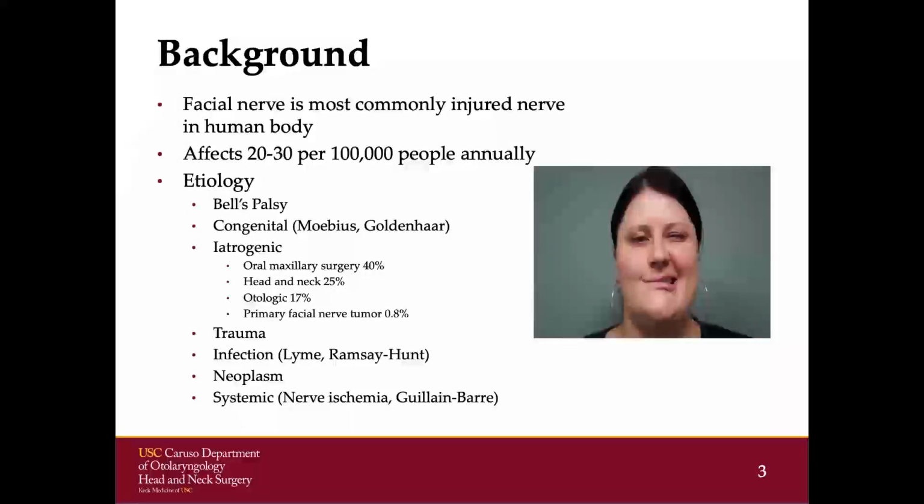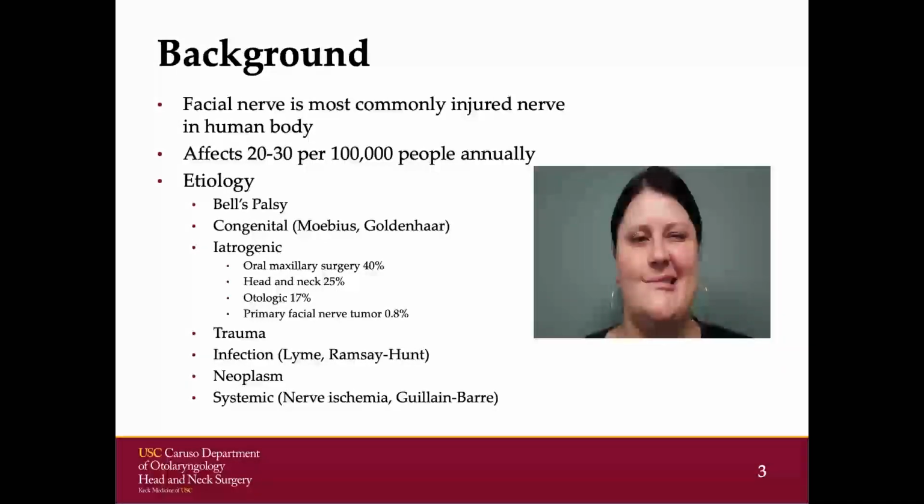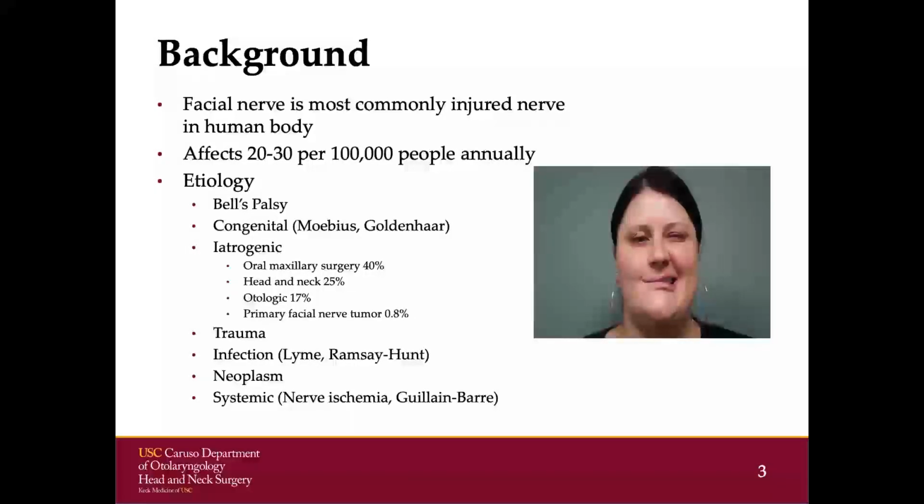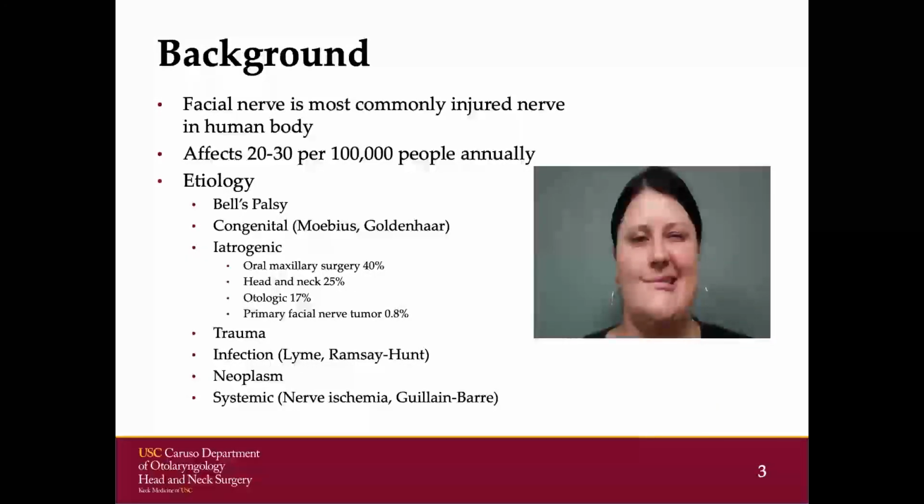But other etiologies in our KITTENS mnemonic include congenital causes such as Mobius syndrome or Goldenhar syndrome, and also iatrogenic causes, as we're all familiar with. The most common of which actually comes from the oral maxillary surgery space, followed by head and neck procedures, and then otologic procedures, and a small subset actually is from primary facial nerve tumors themselves.